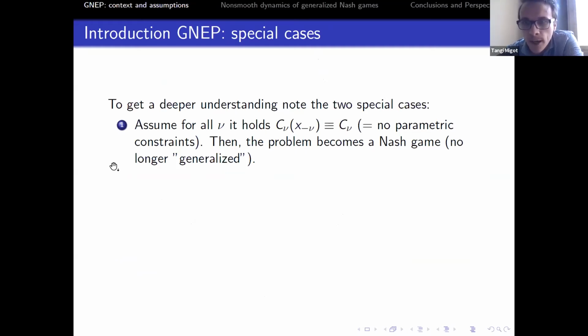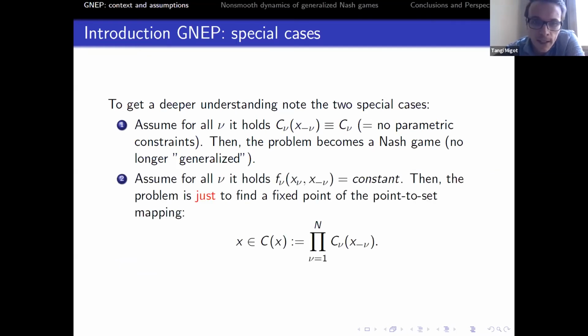So that's why I'm adding generalized all the time. And another particular case of the GNEP, if you assume that all the objective functions are constant, then what you are doing is really trying to find a fixed point of a point-to-set mapping, okay? And just finding a fixed point is not so easy as a problem in general.